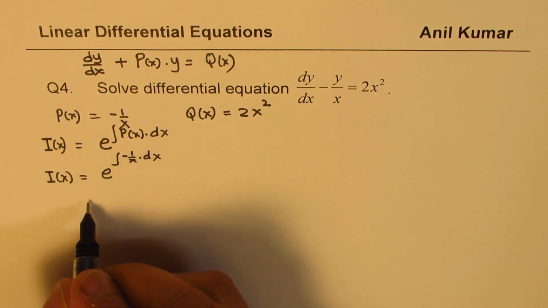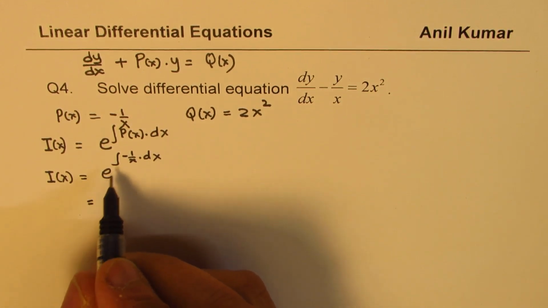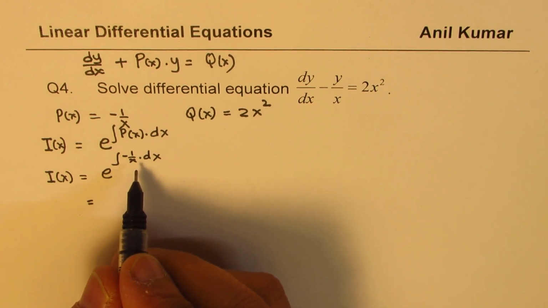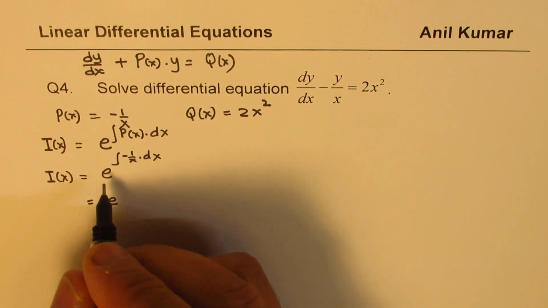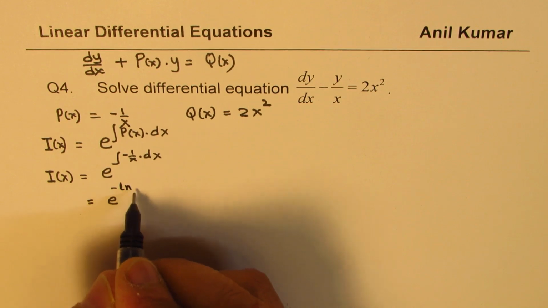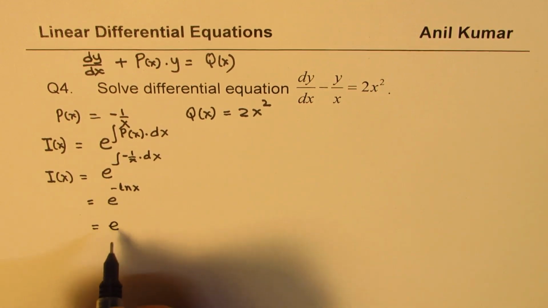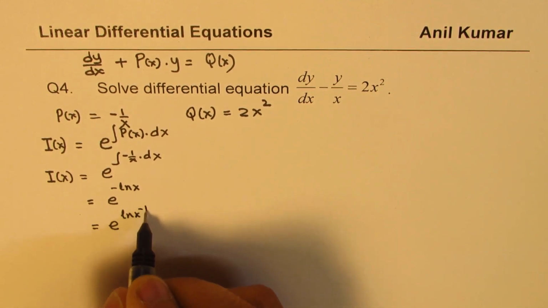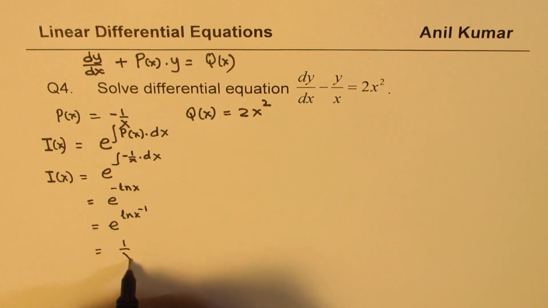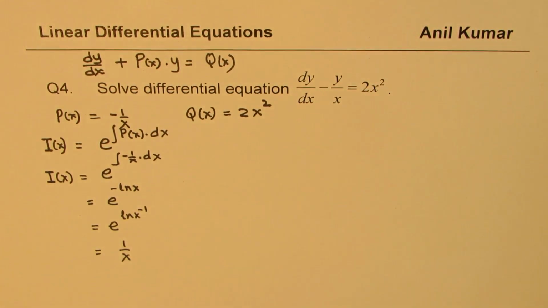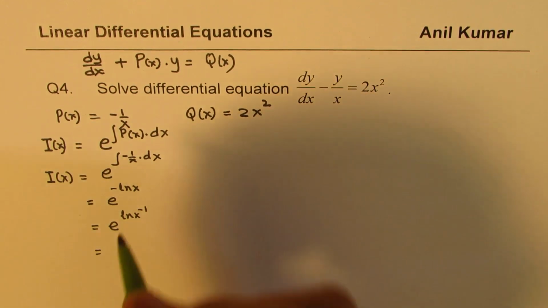Now, the integral of this is ln x, right? So we get e to the power of minus ln x, or e to the power of ln x to the power of minus 1, or 1 over x. So the integrating factor for us is 1 over x.